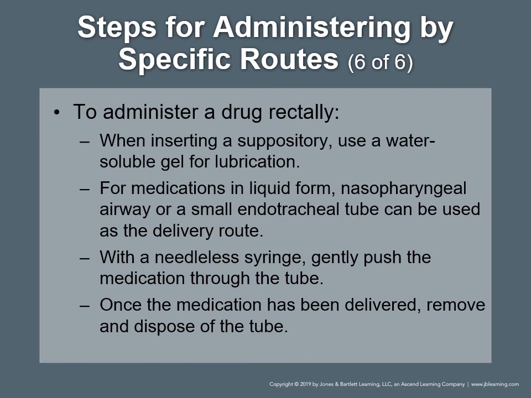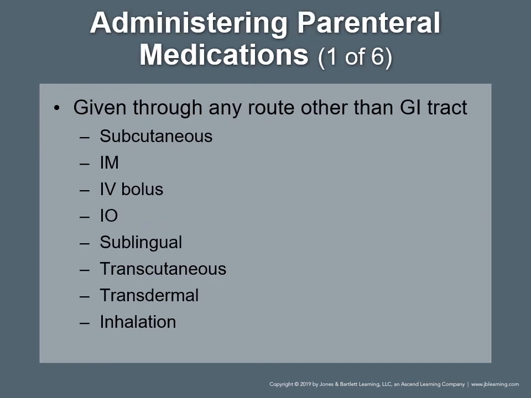Instruct the patient to relax and not bear down. With a needleless syringe, gently push the medication through the tube. Once the medication has been delivered, remove and dispose of the tube. Monitor the patient's condition and document the medication given, route, time of administration, and patient response.